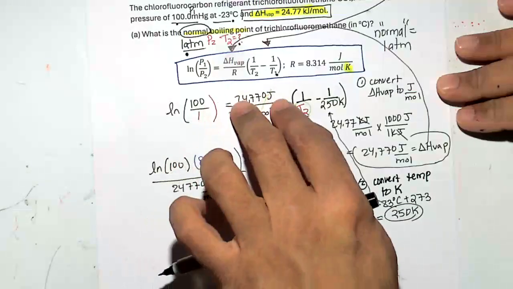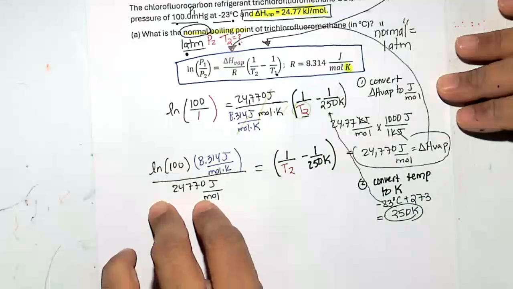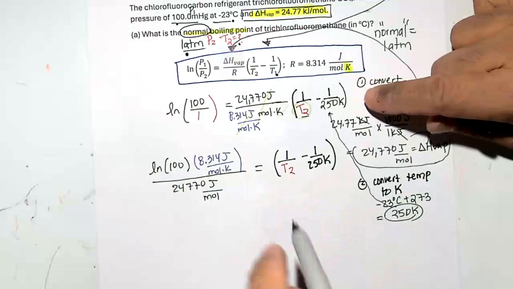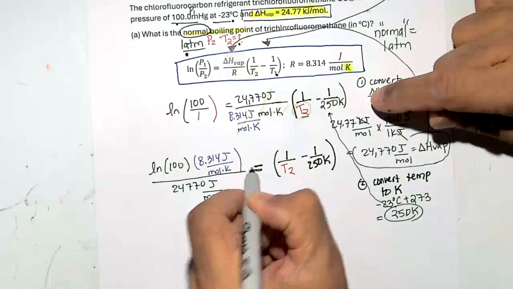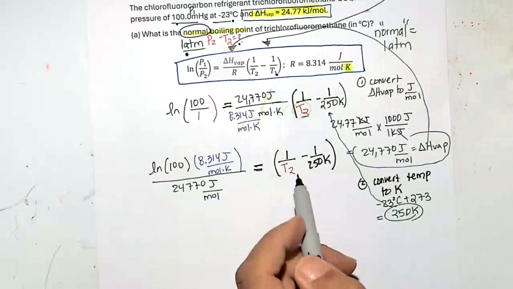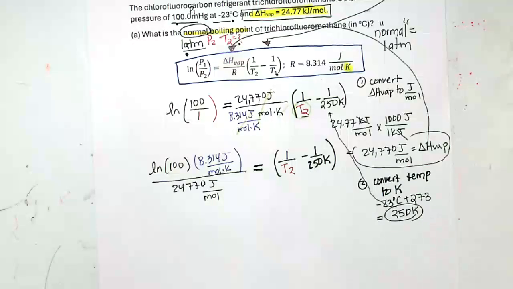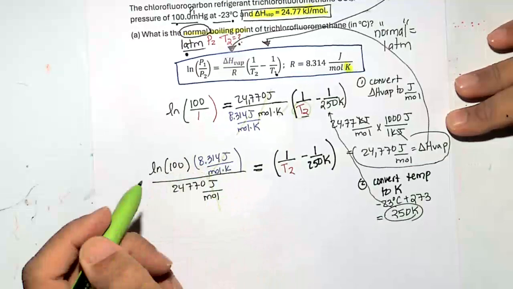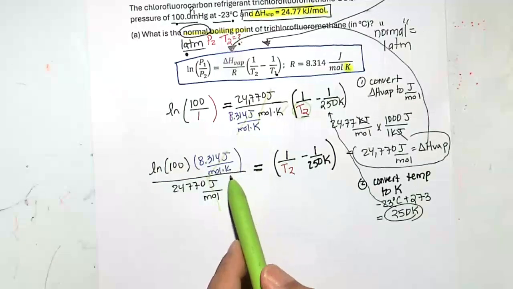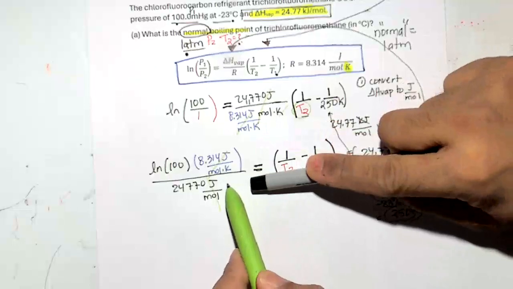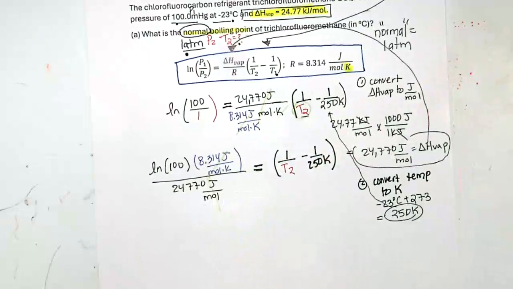So multiply by the blue, divide by the 24,770 joules per mole. That's going to equal 1 over T2 minus 1 over 250. Now I'll cancel my units. The joules over mole cancel. This Kelvin actually goes back in the new denominator.